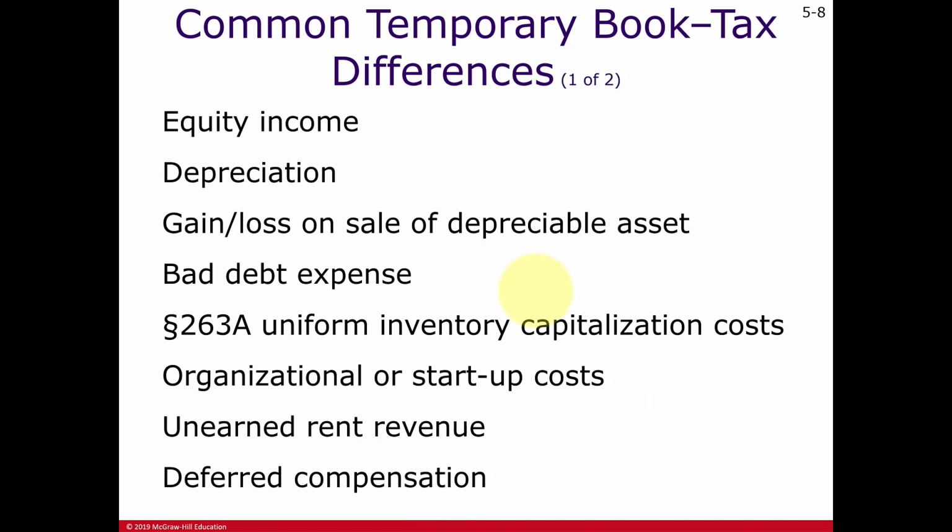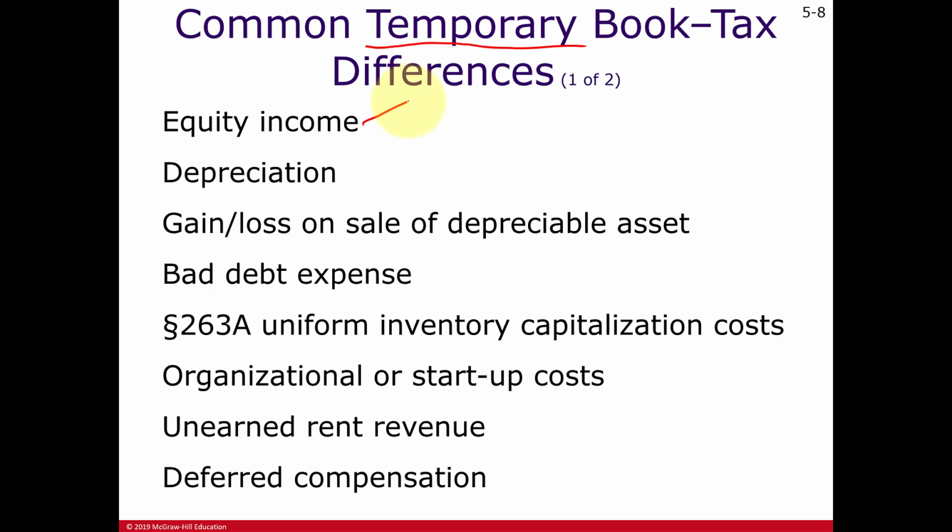Let's take a look at temporary differences. Again, temporary because they'll reverse themselves in future years. An example we'll see discussed more later in the slideshow is when you have an investment in another corporation, one corporation investing in another.